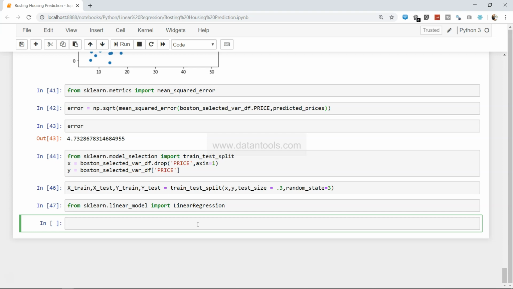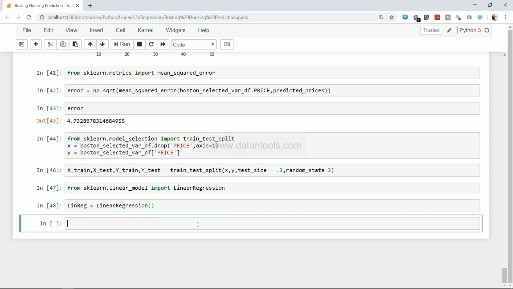So first of all, we will initiate the model using linreg, LinearRegression. You can name it Boston linreg or anything else that is in your mind. Then we will fit it: linreg.fit(x_train, y_train).